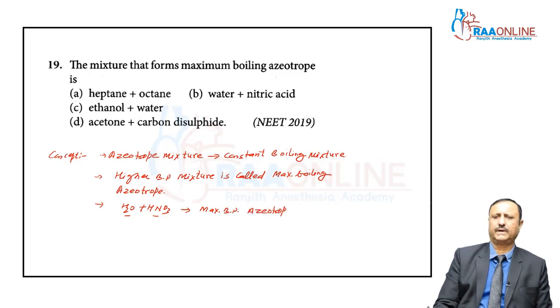It means the boiling point of HNO3 and water is constant, and at that boiling point both are converted to vapor form. So my dear students, this type of mixture is called an azeotropic mixture. So for question number 19, you can easily go to option B, water plus HNO3.